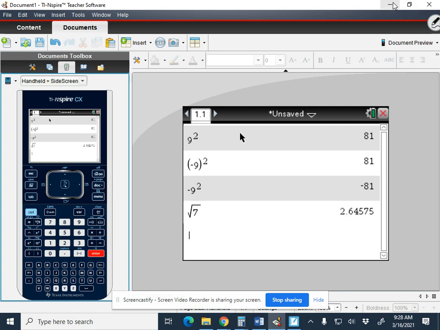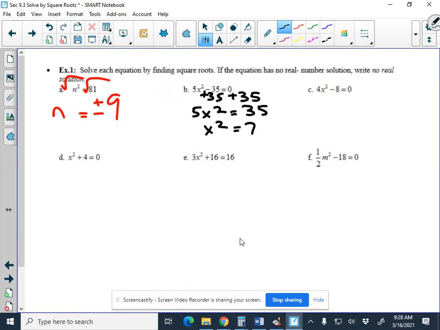And it says it's 2.65. We'll round it off to a couple decimals. So x equals 2.65, but I have to remember, anytime I take the square root, it could have been positive or negative 2.65.